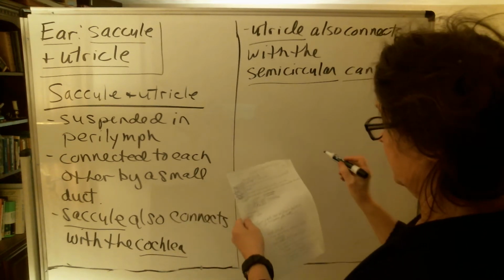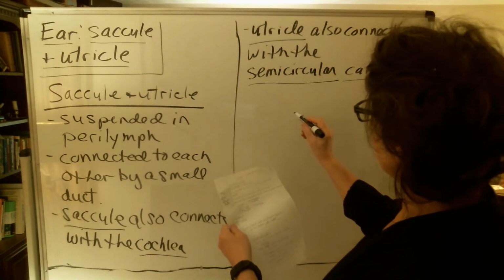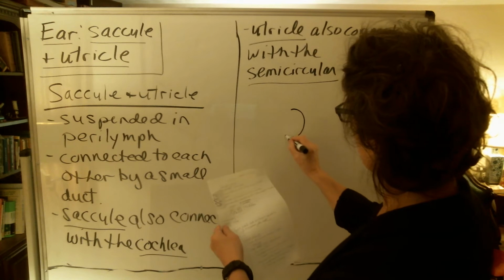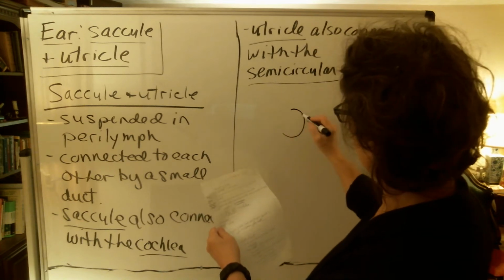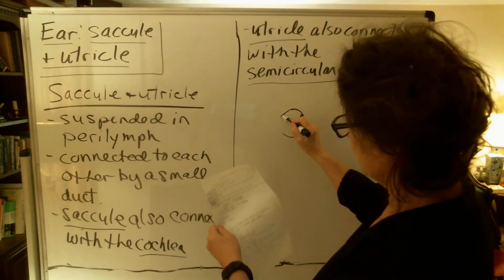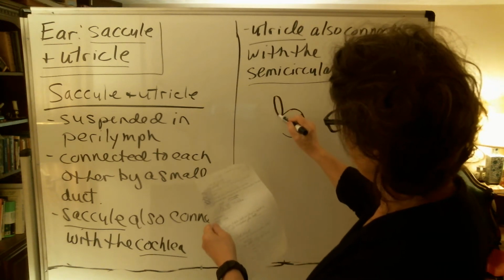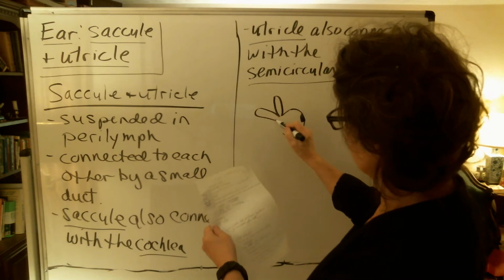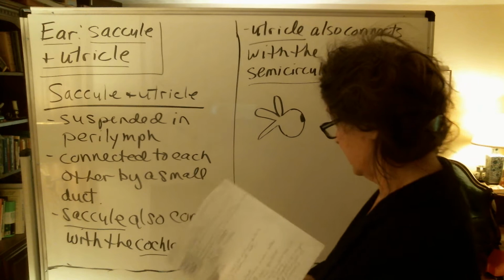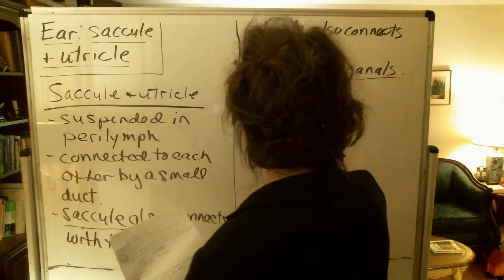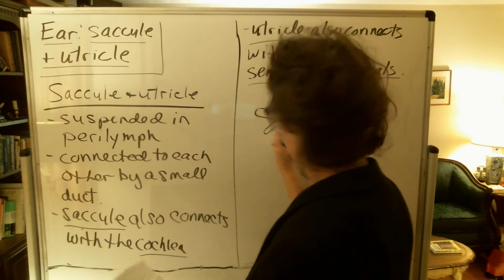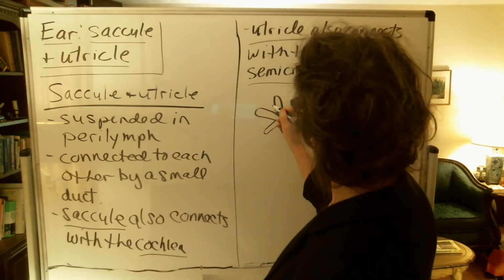Again, this is just going to be strictly a diagram, but we have the utricle here. And here I'm going to attempt to draw the semicircular canals. It's not that pointy. So here then we have the semicircular canals.